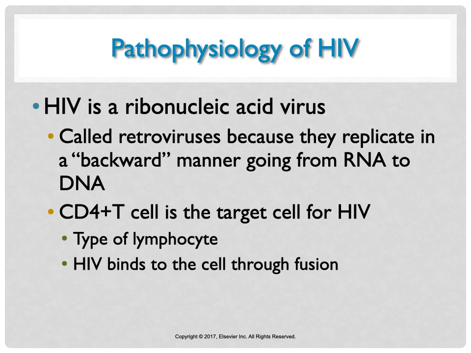For instance, there's some that work at the fusion level. There's some that make it so the integrase doesn't work. There's others that make it so that the transcriptase doesn't work.